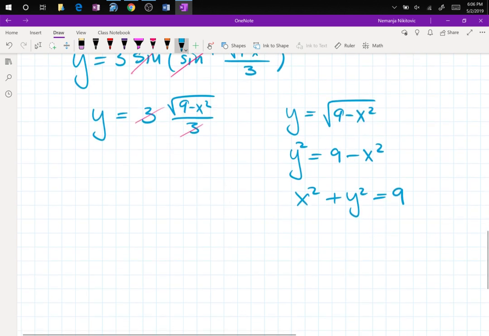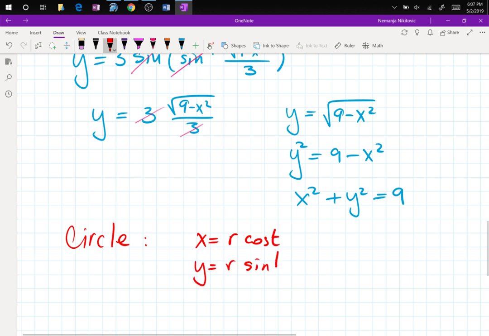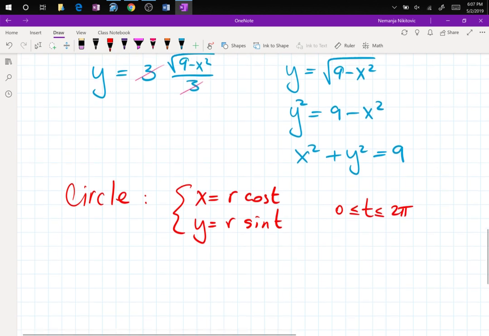So now, in general, I can write this in red. It doesn't have to be this dramatic, but a circle is going to be x equals r cosine t, y equals r sine t as a set, where t is the parameter between 0 and 2 pi for the full oscillation, so you have a full circle.